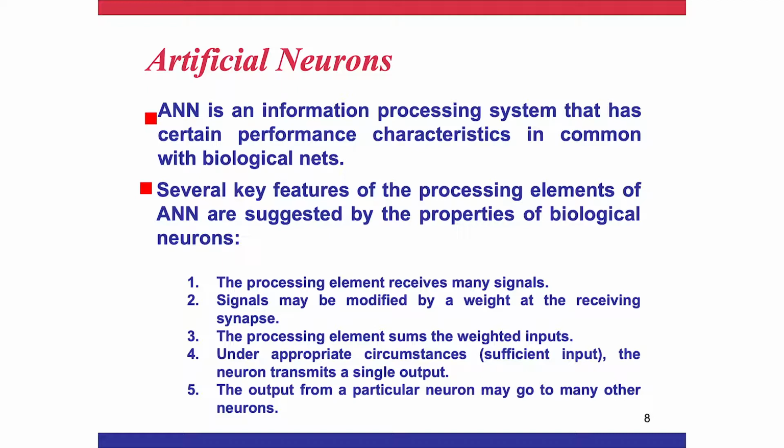These signals converge to the neuron cell, but before convergence, they are modified by a factor called a weight factor, which comes from the synapses, and then the signal values are summed with their weights and come to the central point of the neuron, which is the neuron cell.